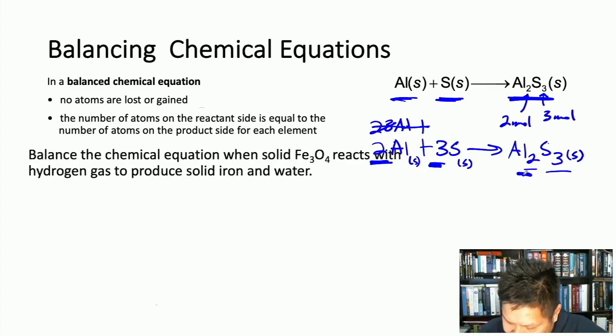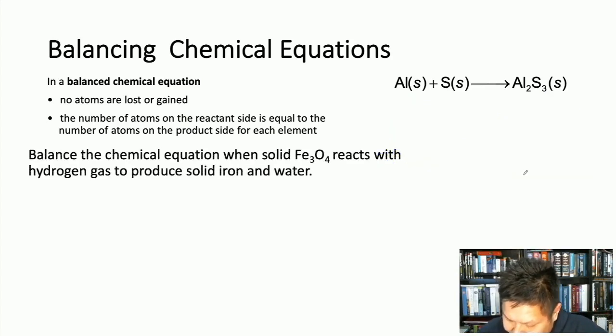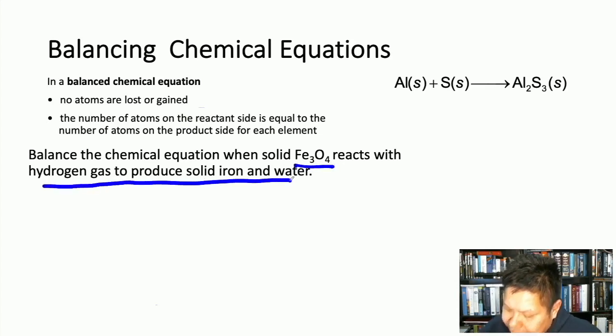I'm going to have to clear this so we can actually read the whole thing. There we go. Let's balance a chemical equation when solid iron oxide reacts with hydrogen gas to produce solid iron and water, right? So just with the information in this question, you can write out a chemical equation.